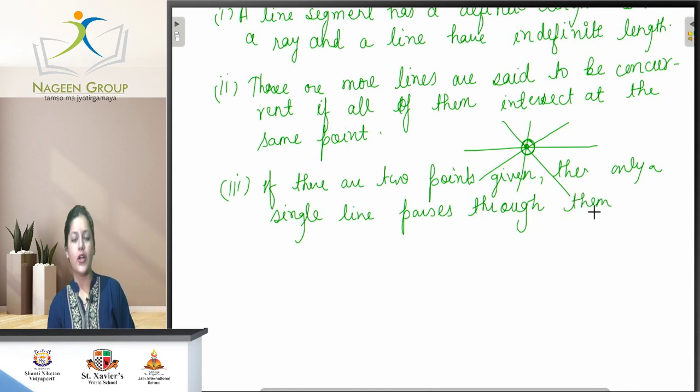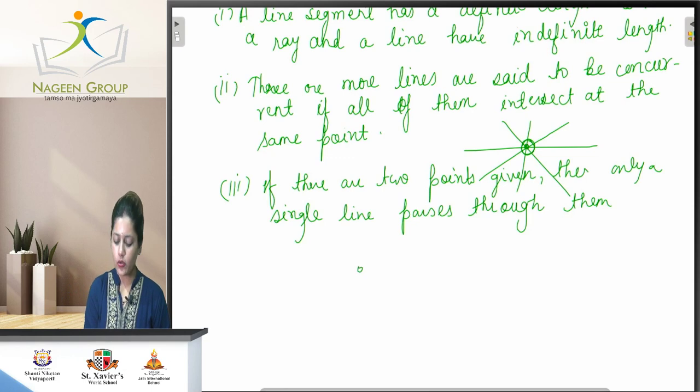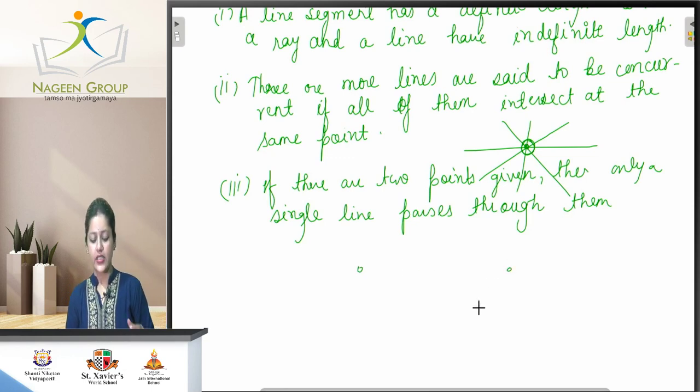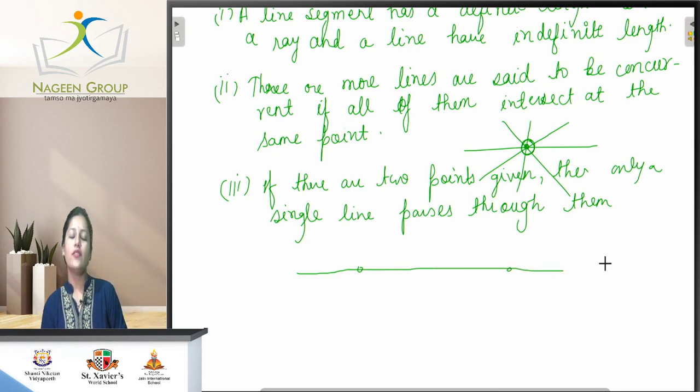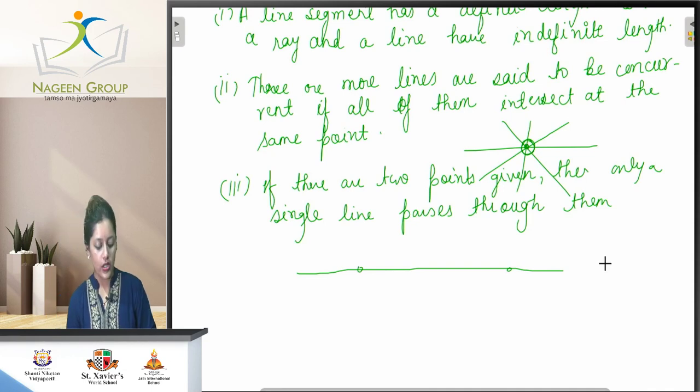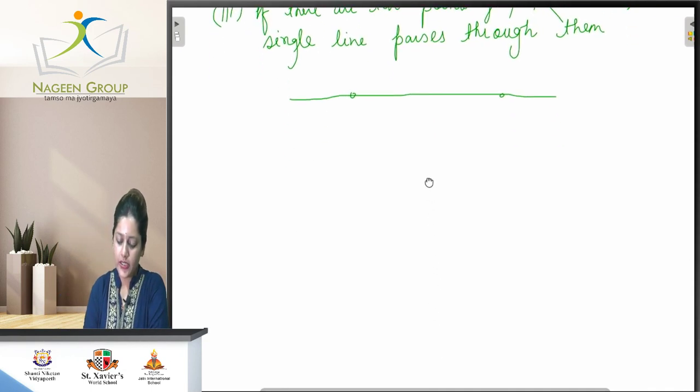If there are two points like this and this, only one single line passes through them. He tells us that if there are two points, then we are only able to draw one line that passes through both points.